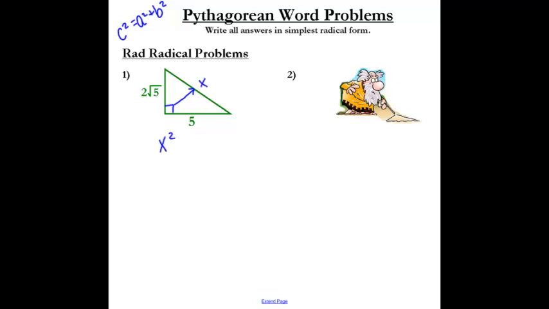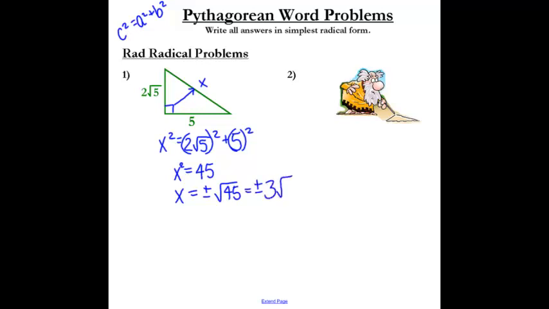So x squared equals 2 radical 5 squared plus 5 squared. And if you solve that, which you should go ahead and do, you would get x squared equals 45. If I'm just solving that equation, I would say x equals the positive or negative square root of 45, which is positive or negative 3 radical 5.